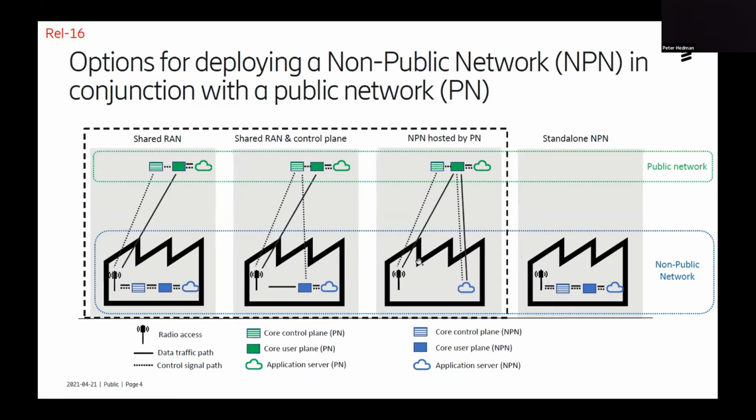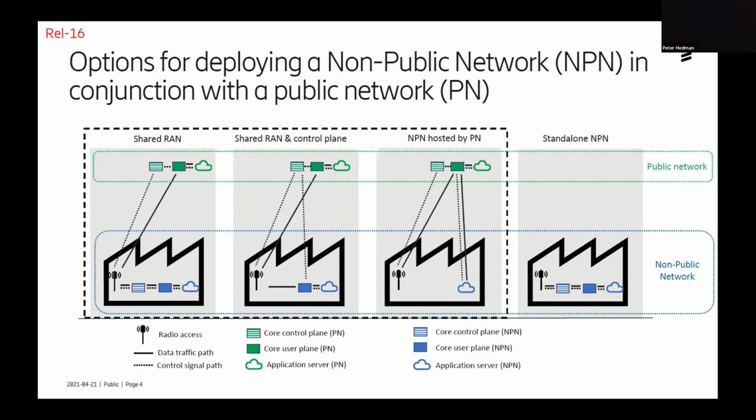In this option, the core is inside the public network, and you only have the RAN and the application environment, robots or something like that, in the factory. Everything else is managed by the public network, and there are variations of this. As I said, these are just examples of how it can be deployed. More options are possible.